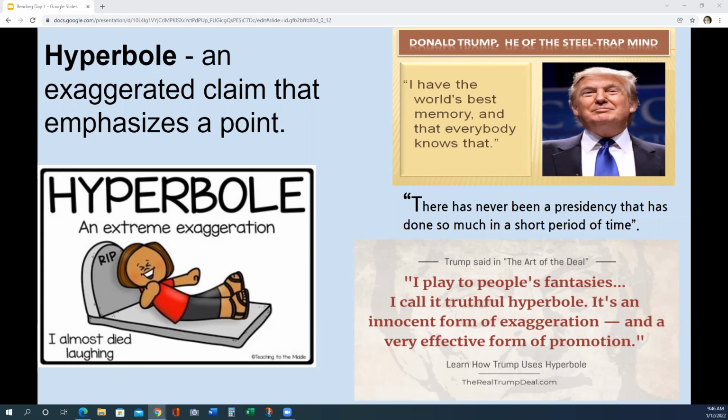There has never been a presidency that has done so much in a short period of time. Everything is always exaggerated. And I'm not just picking on Donald Trump. You can like him, you can hate him. That's your own prerogative. You could think he's the greatest president of all time. You may think he's the worst. And that's the beauty of America. You have the right to that opinion.